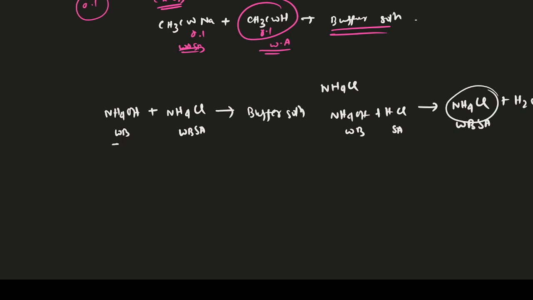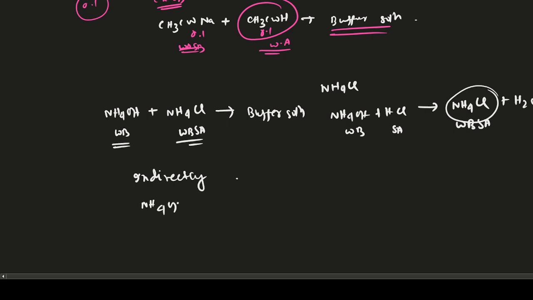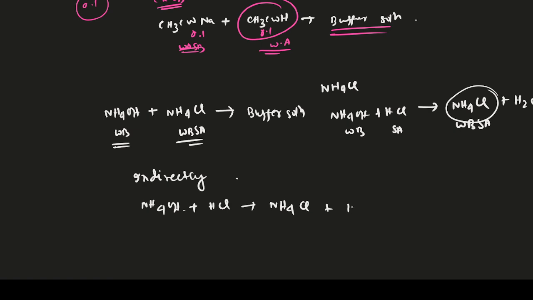Okay, so the condition is weak base strong acid. So indirectly they can ask, directly they say NH4OH plus HCl, then can you prepare buffer solutions? Yes. Whenever you react it, you will get NH4Cl plus water.